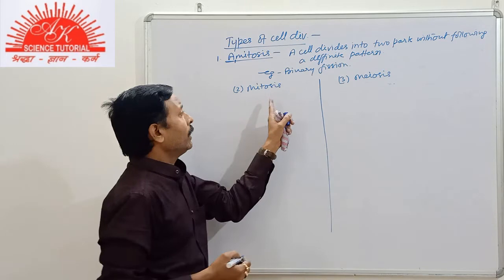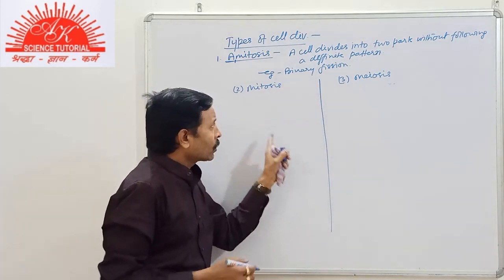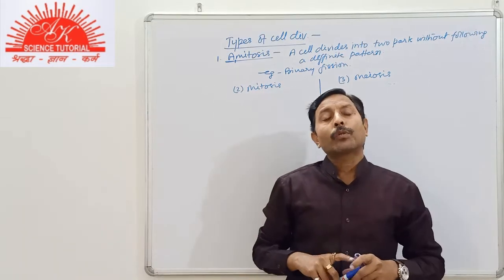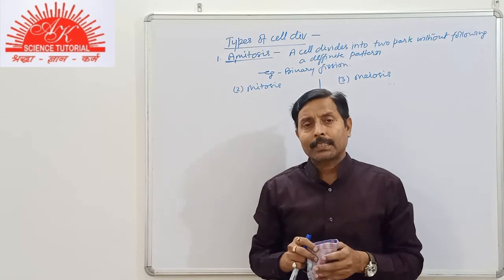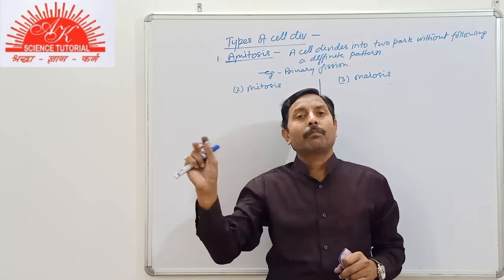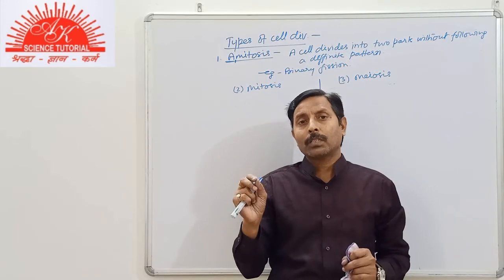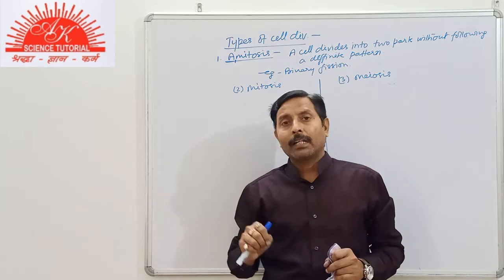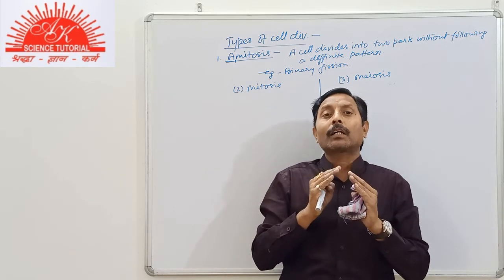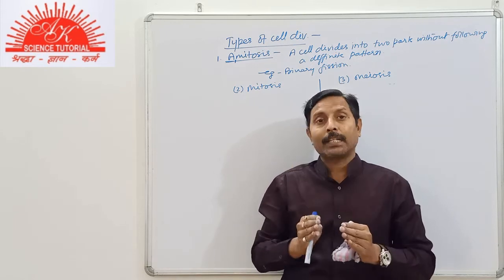Now students, you see, I have just made a column, so we will study the two in comparison, because questions are asked in ICSE: suppose the question is given, differentiate between mitosis and meiosis, and in brackets the point will be given, that is, on what basis they should be differentiated.